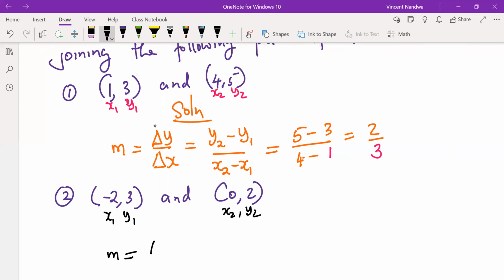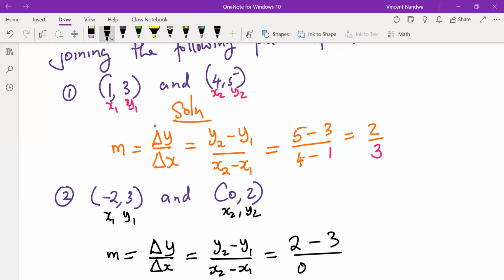So gradient is change in y over change in x, which is y2 minus y1 over x2 minus x1, which is 2 minus 3 over 0 minus 2. So 2 minus 3 is minus 1, and 0 minus 2 is minus 2. So we get minus a half.